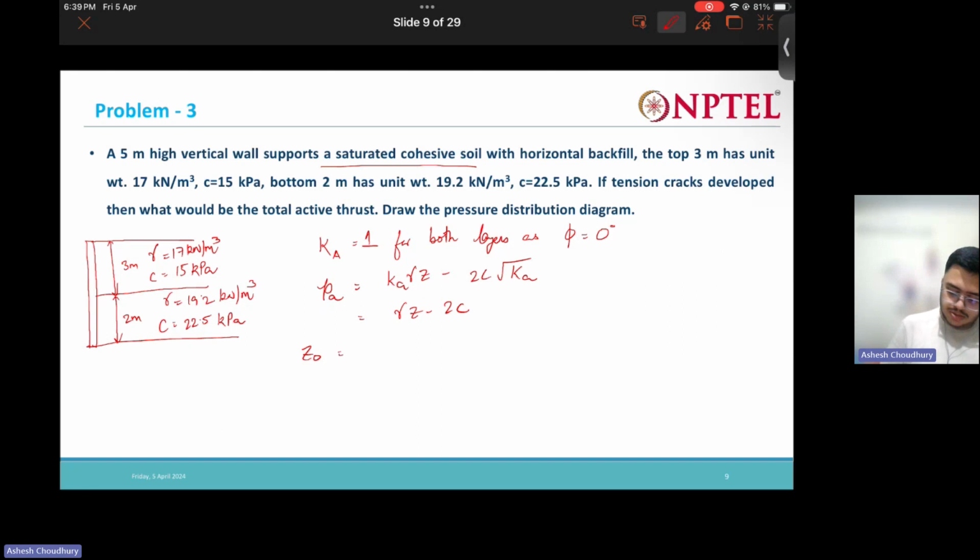So I can write 2c by gamma root K, so 2c by gamma. It is 1.76 meters. So this much we got.